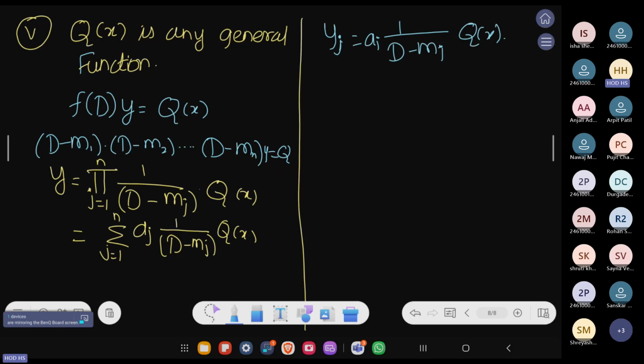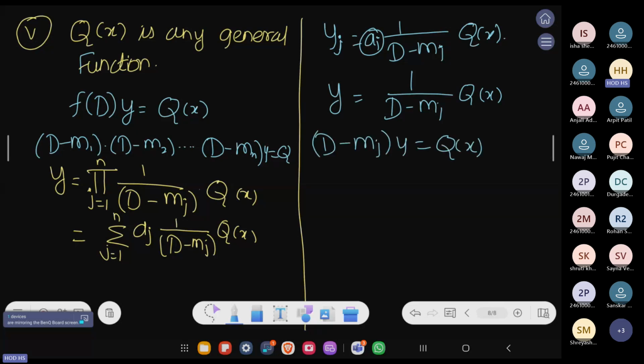Notice that this equation is satisfied by some y. Let's forget about this aj for a while because that's a constant. We can manage that. So d minus mj times y is equal to q of x, right? This is the equation satisfied by y.